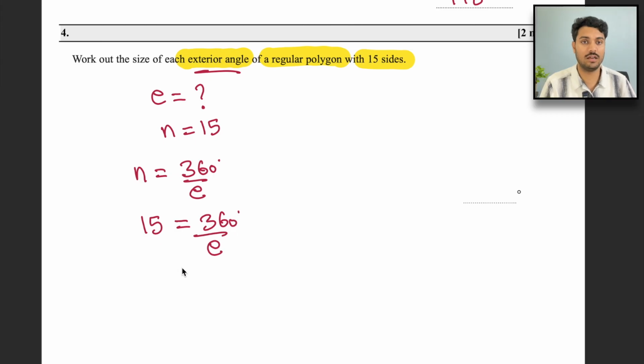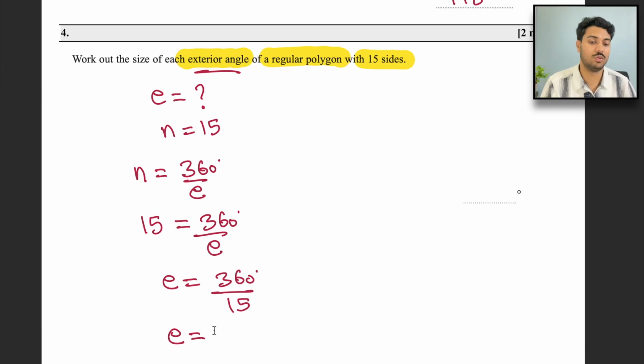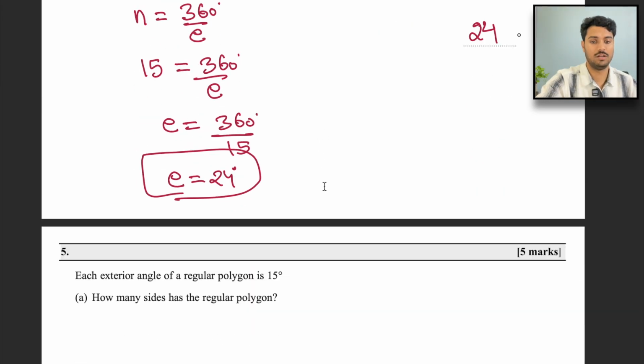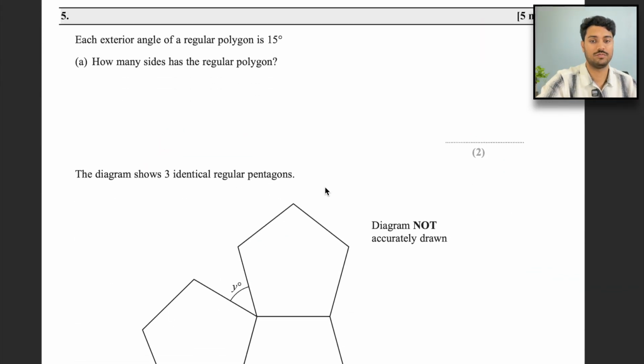We can transpose e and 15. So e equals 360 degrees upon 15, which is 24 degrees. 360 upon 15 is 24. I hope this was clear. Let's move on to question number 5 now.